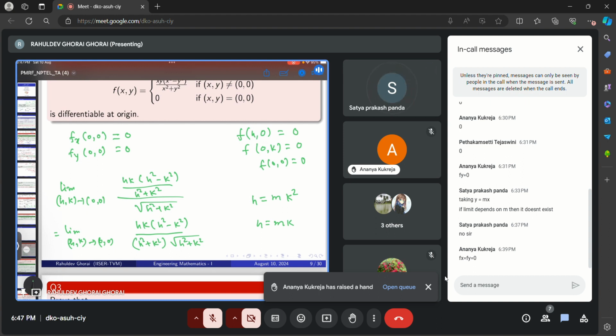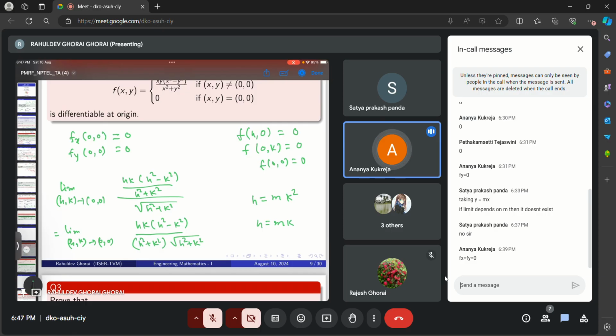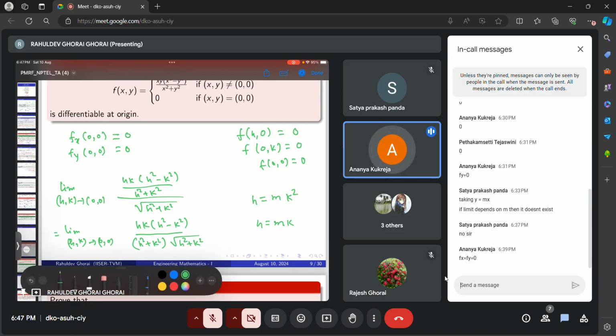So to show the limit of this function, you should not go through all these paths. If you are thinking that the limit does not exist, then you go through that path. Now your next step will be to take h equal to r cos theta and k equal to r sin theta.